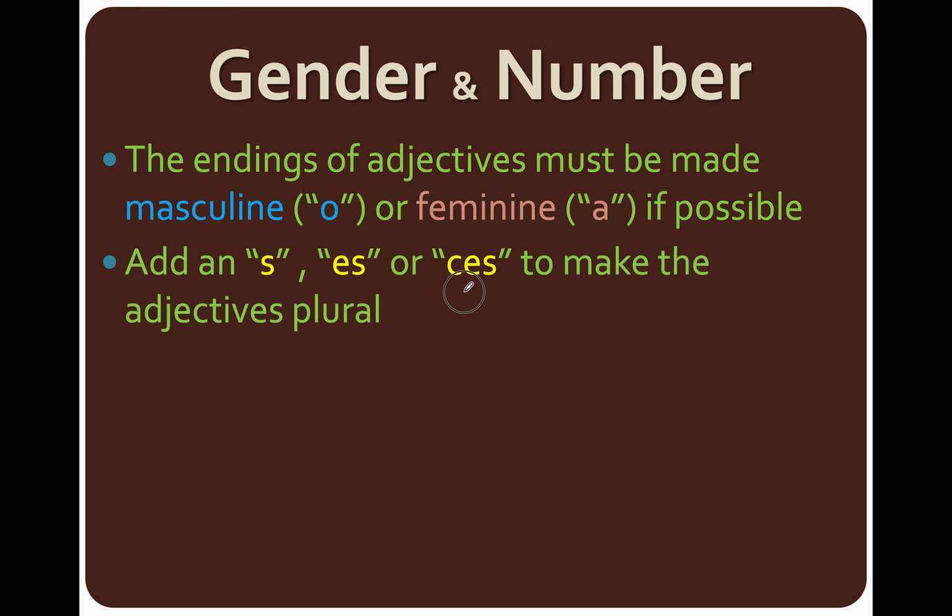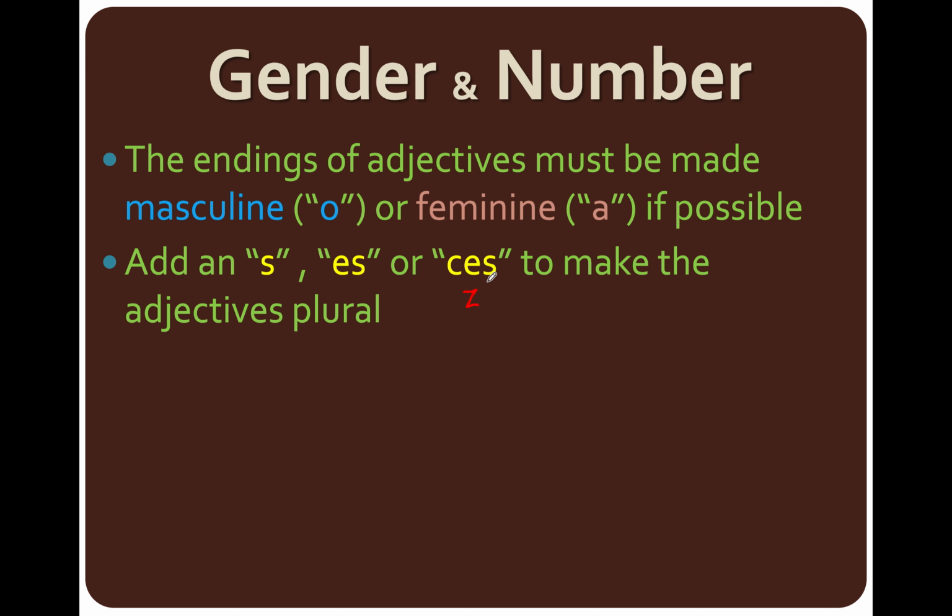And if it ends in a Z, you drop the Z and you replace it with CES. Those 3 rules were to make a noun plural in Spanish, but those same 3 rules also apply to adjectives, which we're about to see in a second. So if it ends in a vowel, add an S. If it ends in a consonant, add an ES. And if it ends in a Z, drop it and replace it with CES.